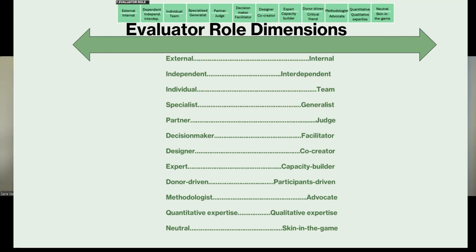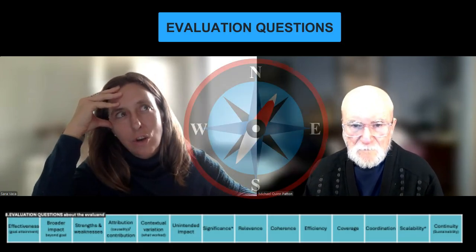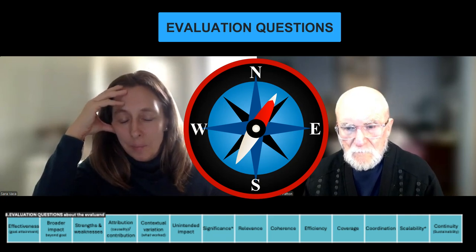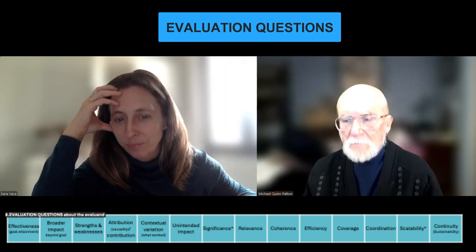Now, the next one that for me also, I mean, purposes are very important, but evaluation questions are also. So for me, it's like the compass of the evaluation. So now we have evaluation questions about the evaluand.